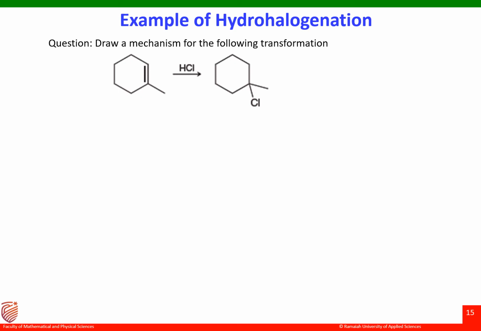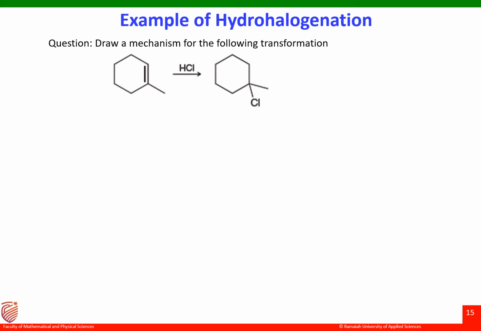So this, when treated with HCl, HCl will split as H plus and Cl minus. H plus is electrophilic in nature and Cl minus is nucleophilic in nature. Now we know that the alkene is a nucleophile, therefore H plus is the electrophile. So this pi bond is going to share its electron to the H plus.